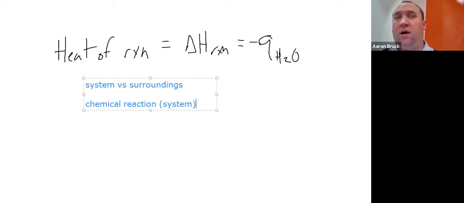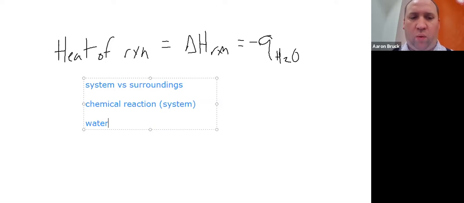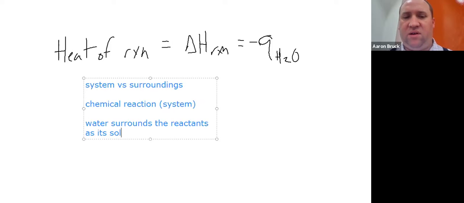Now, water is not actually part of that reaction system, other than it is a product in the case of the neutralization reactions themselves. The water surrounds the reactants as its solvent, and therefore is part of the surroundings.